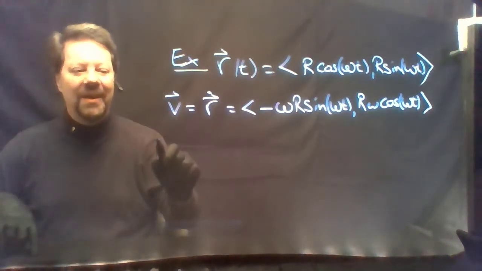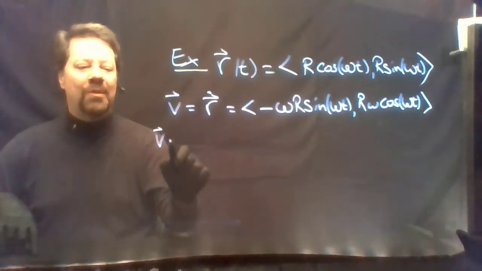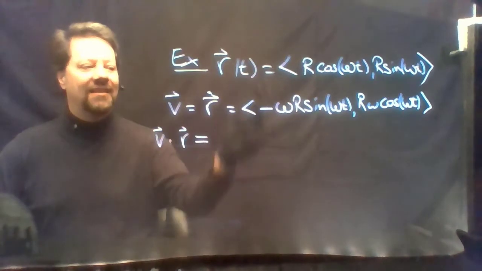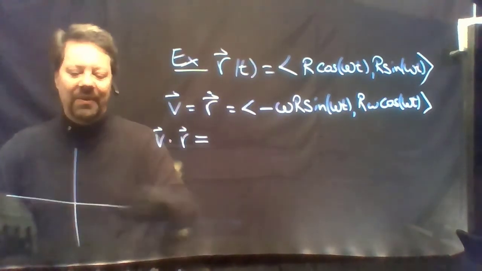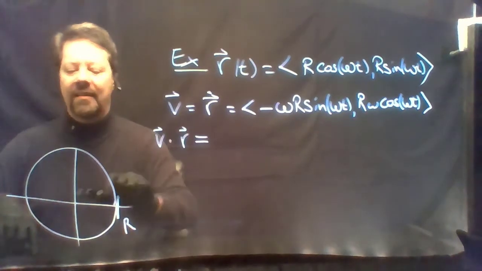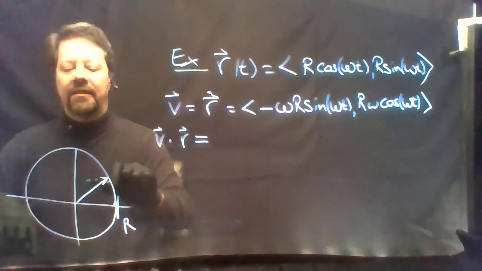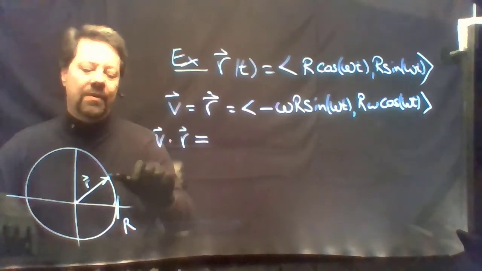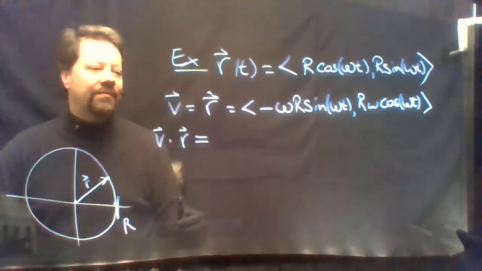Now, what is the dot product of v and r? We know that the curve is a circle of radius r. The position vector r is a vector emanating from the origin and terminating on the circle.